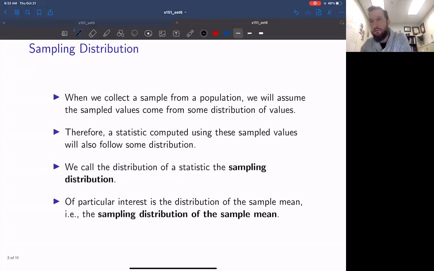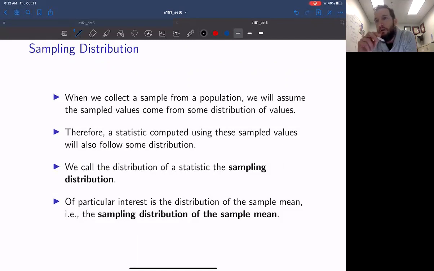To account for the sampling error, we define what is called the sampling distribution. In general, a sampling distribution is the distribution of a statistic. We have seen a lot of examples of distributions so far. In lecture set number 2, we talked about describing the distribution of a data set using histograms.